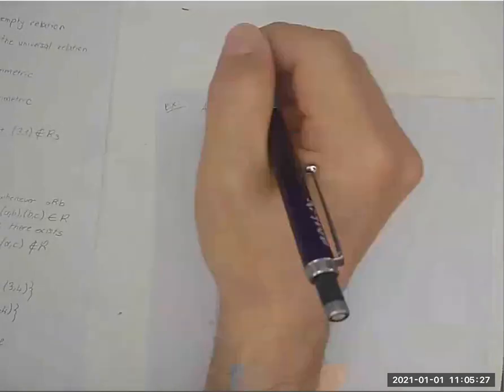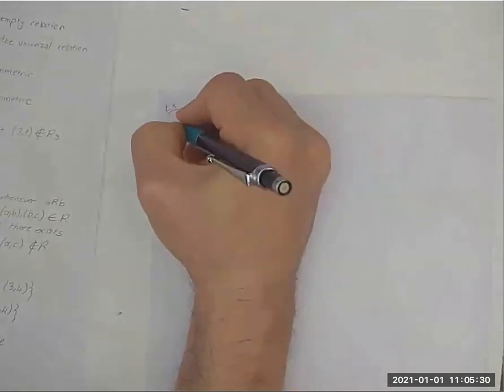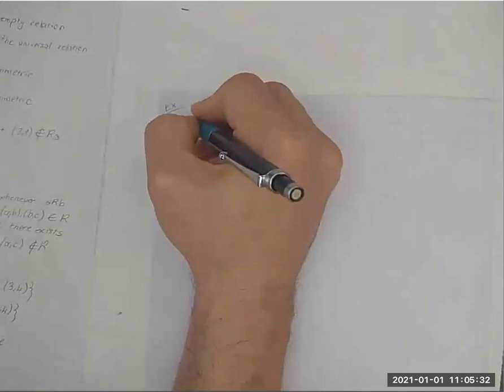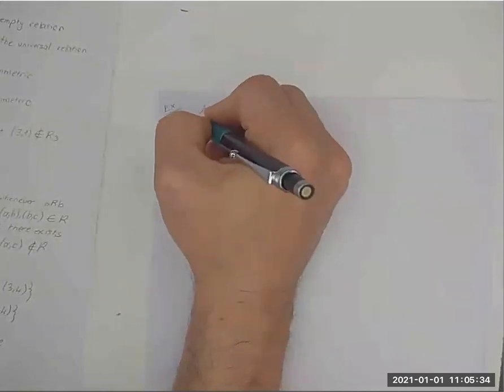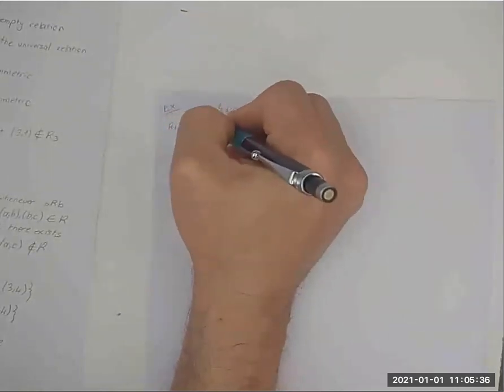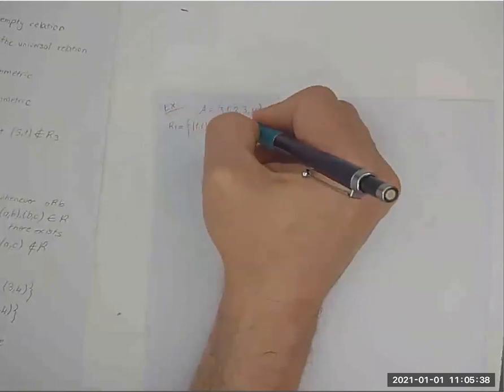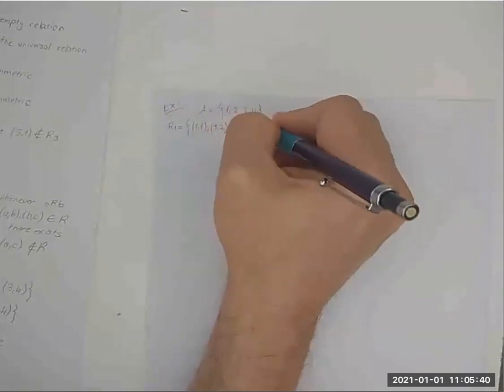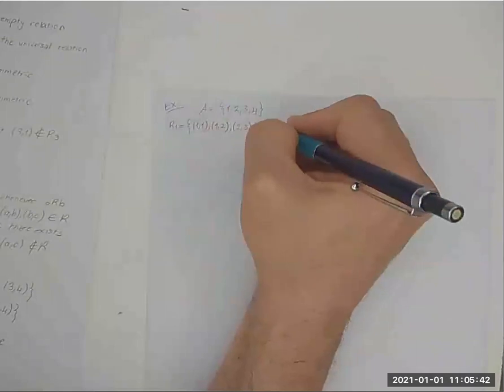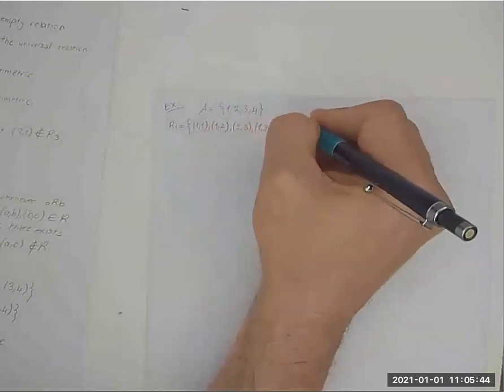Okay, let's write one more example. Example again 2.5. There is again A = {1, 2, 3, 4}.